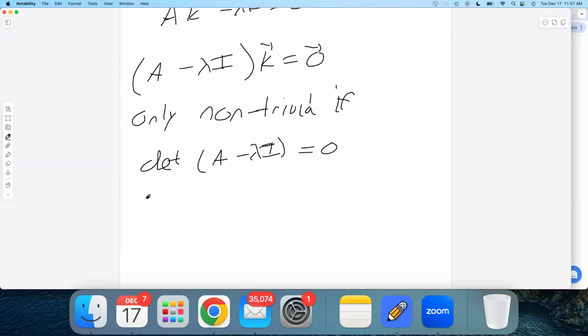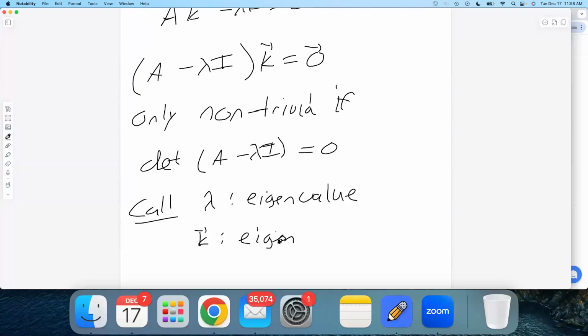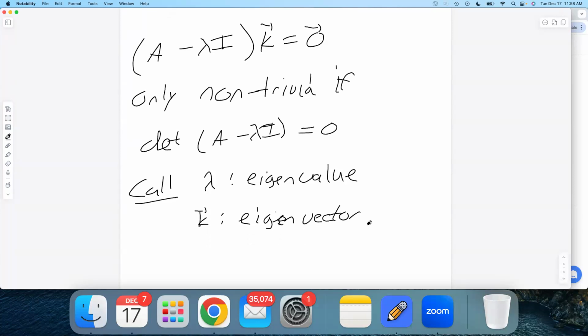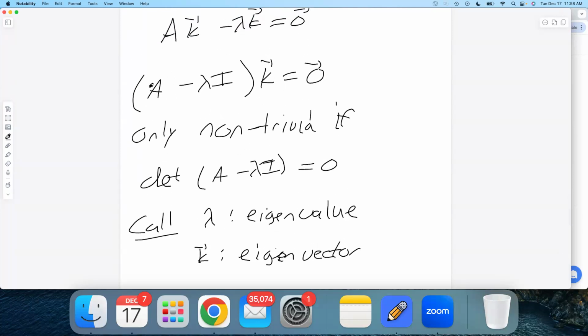And then we call this number lambda an eigenvalue, and that associated vector K an eigenvector. Eigen is the German word for characteristic. Again, if you take a linear algebra or matrix theory class, you'll see that a matrix A is completely determined by its eigenvalues and eigenvectors. They characterize the matrix.